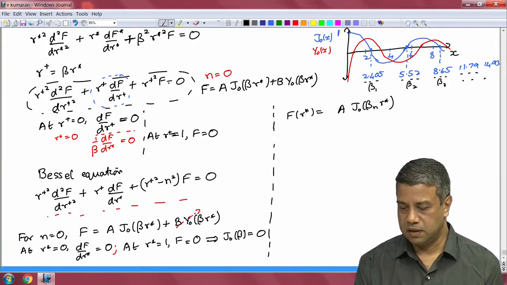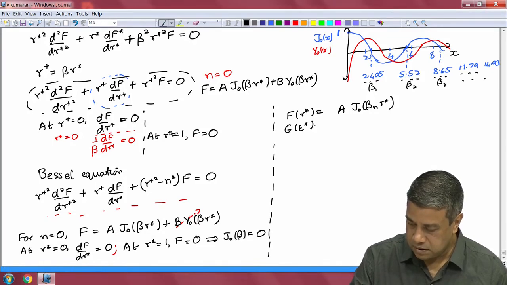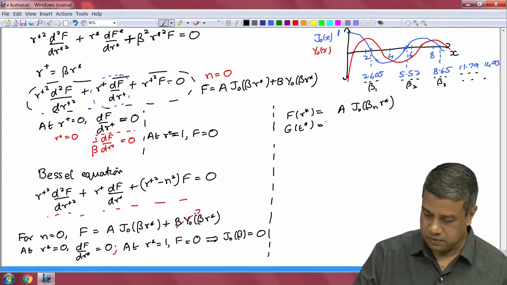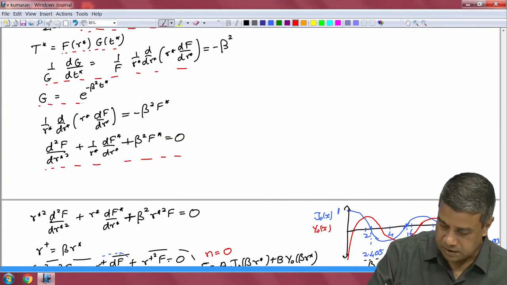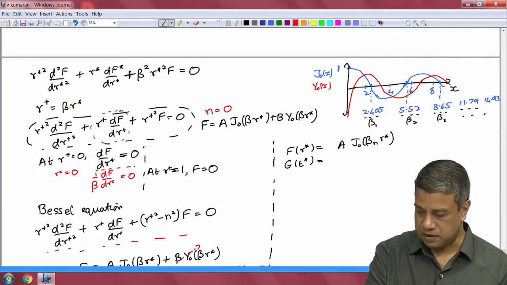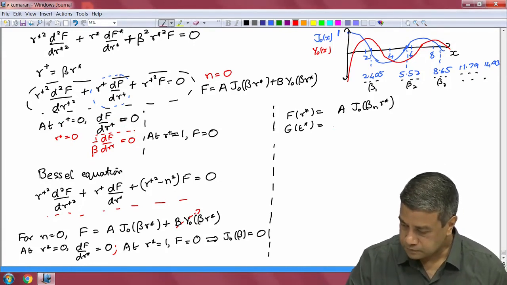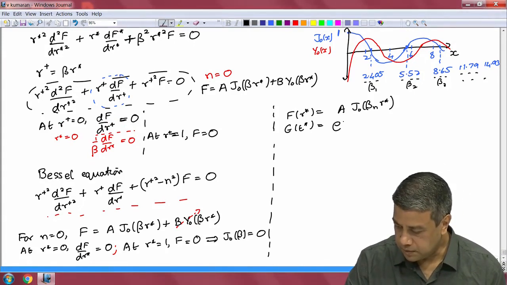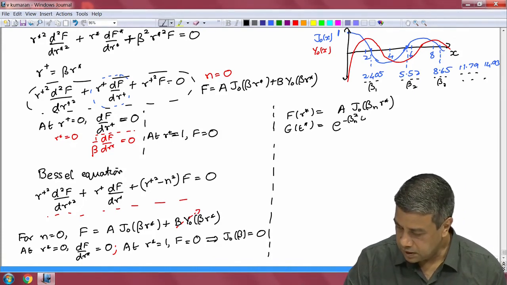And therefore g of t has to be equal to the exponential function that we had derived earlier, where beta is one of these discrete values beta n, because it is only these discrete values that satisfy both boundary conditions. So g has to be equal to e power minus beta n square t.